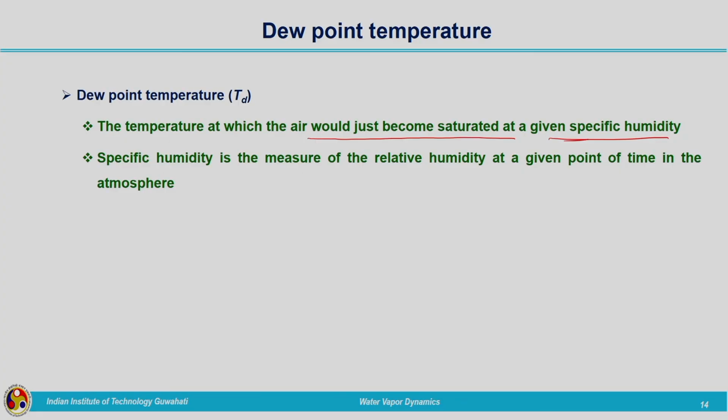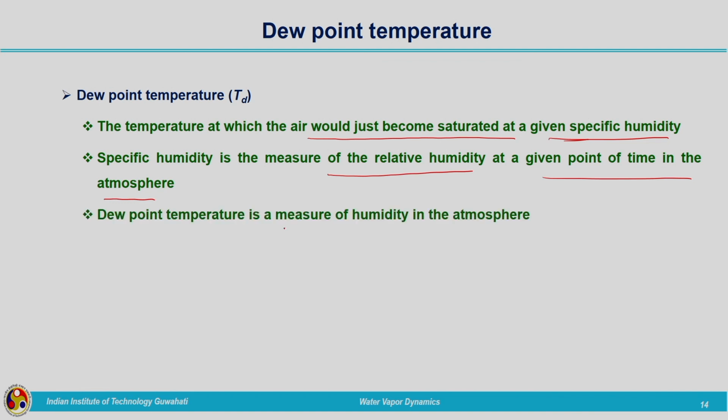So we can clearly understand that specific humidity is the measure of the relative humidity at a given point of time in the atmosphere. Now we need to understand what is meant by dew point temperature, and we are telling some temperature at which air would just become saturated at a given specific humidity. Dew point temperature is a measure of humidity in the atmosphere.